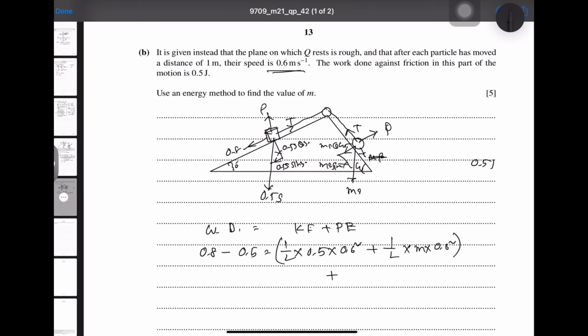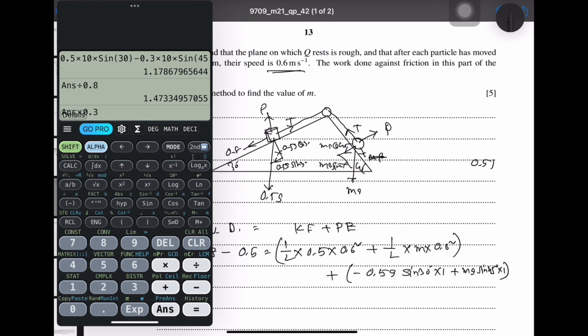It's increasing, plus going down it is decreasing, minus 0.5 g sin 30 degrees into 1, plus m g sin 45 into 1. The tension, it's all right, cancelled.